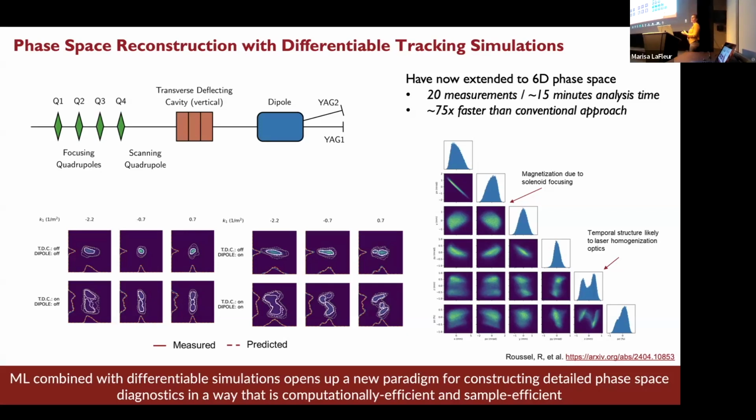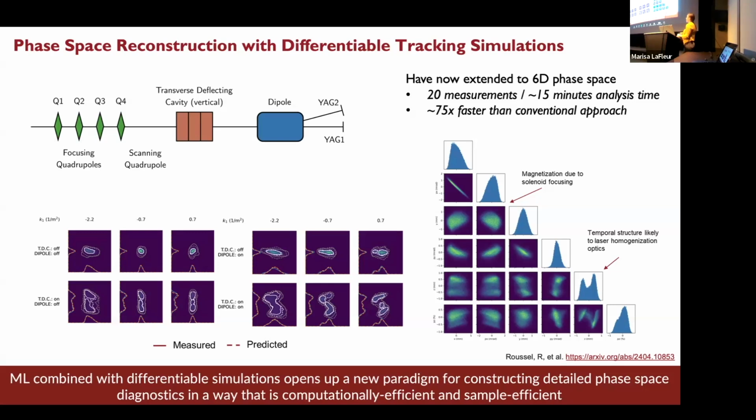This is x, y, z, x prime, y prime, z prime, which in the past we've only demonstrated, I think, once in accelerators as a full direct measurement like that, and it involved a very complicated setup with many different screens, and you have to move the beam through a bunch of slits, and that takes a long time both to measure and then compute. Whereas with this approach, we're able to get a pretty good estimate with just 20 measurements and about a 15 minutes analysis time on the compute that we were using.